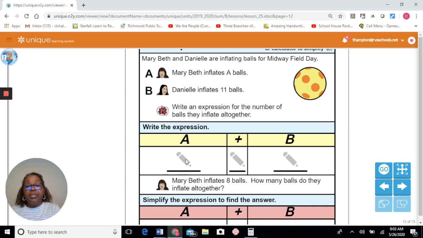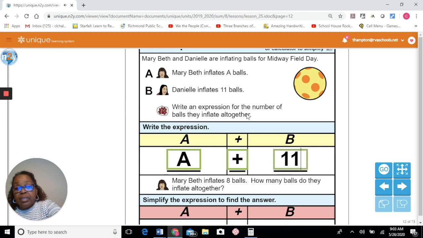So we have to put the unknown, which is A. We have to bring over our operation, which is addition. And what is B? Right here, we find that B, Danielle inflates 11 balls. So we're able to put 11. A plus 11.